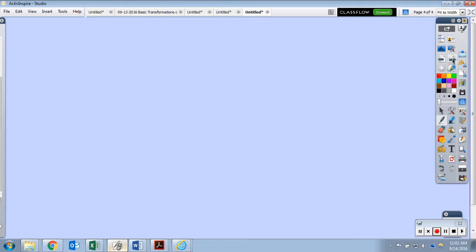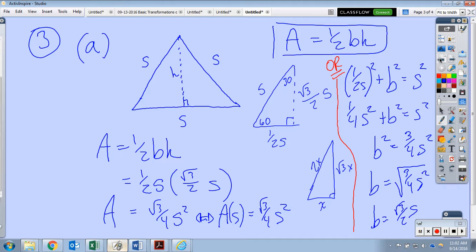So then number 3, part B. We've got probably time to do part B. We found out that A of S is equal to square root of 3 over 4 S squared.